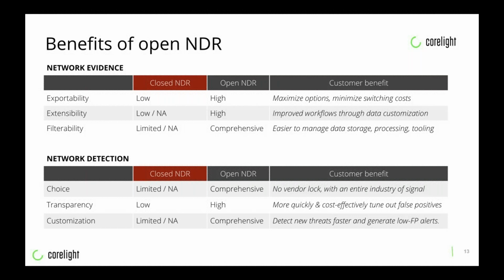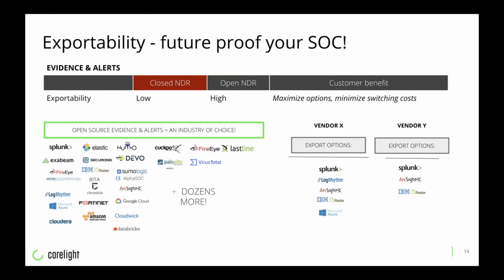So just to go deeper on two of these items and give you a very specific example, I mentioned exportability and choice and how important that is. The vendors on the left are just a sampling of dozens and dozens and dozens of security platforms out there that accept these open source data formats and alerts that we've just talked about.